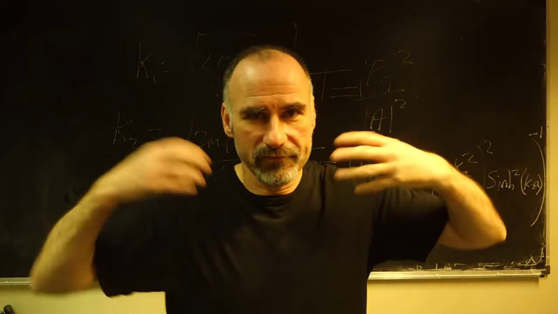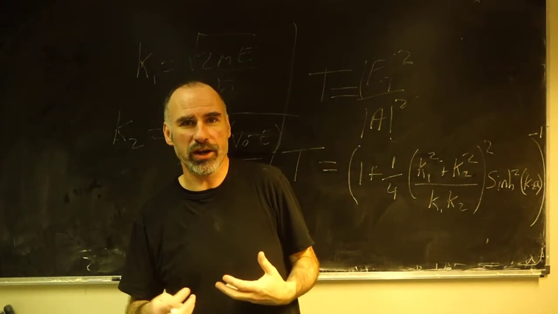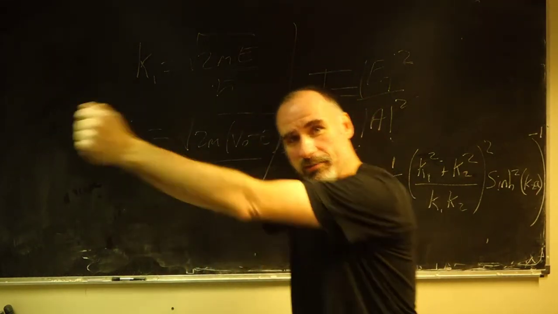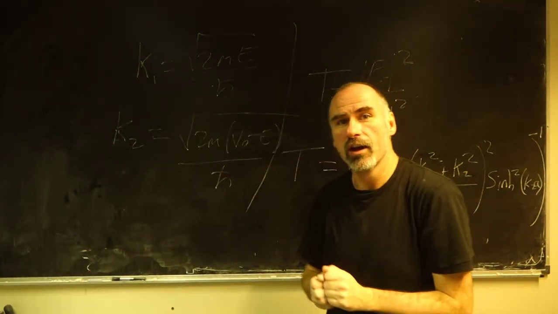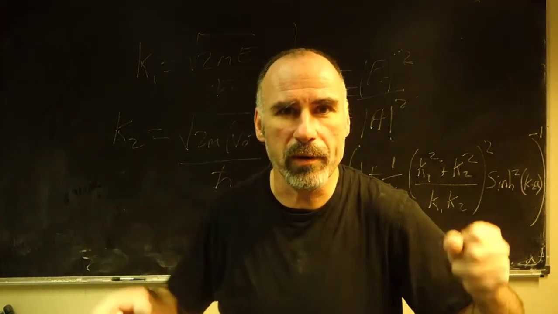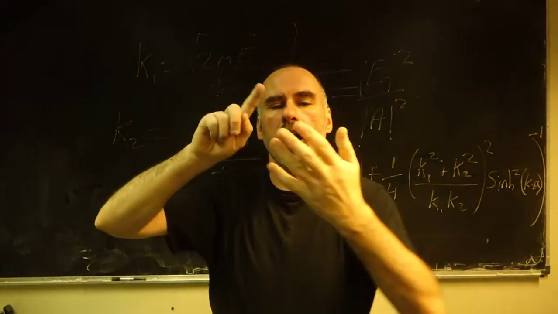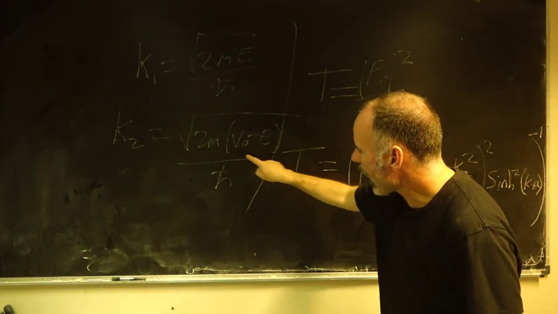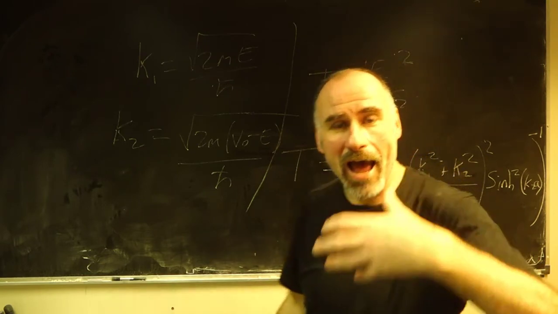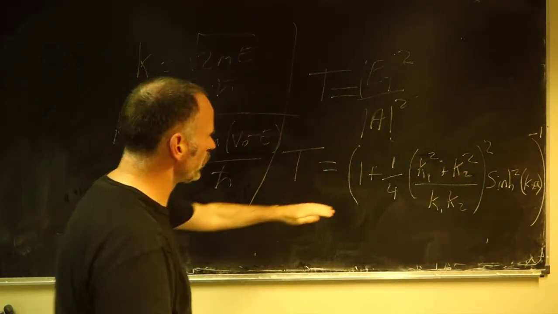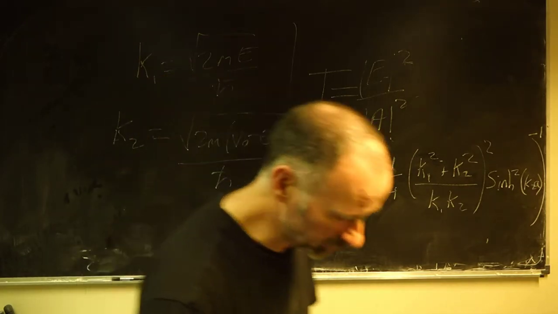So let's think about that equation for the transmission coefficient, because ultimately what we're interested in is just how many particles make it through the barrier. What's the flux of particles that makes it through the barrier? What's the transmission through the barrier as a function of the difference between the potential barrier height and the energy of the particles, and as a function of the barrier width? So let's take our transmission coefficient and recouch it in those terms.